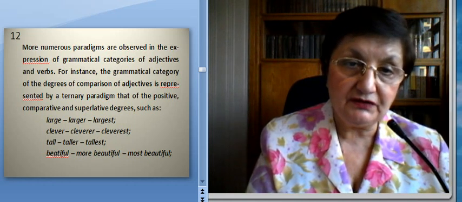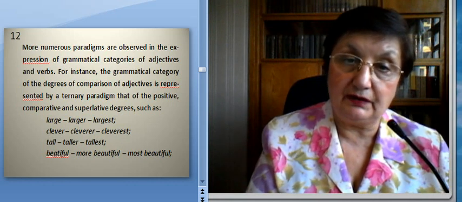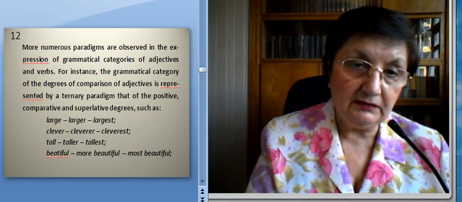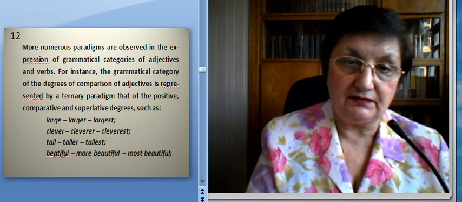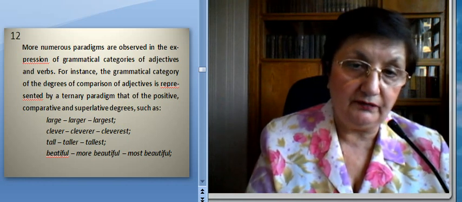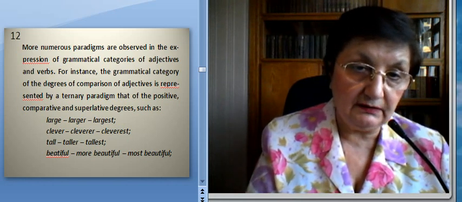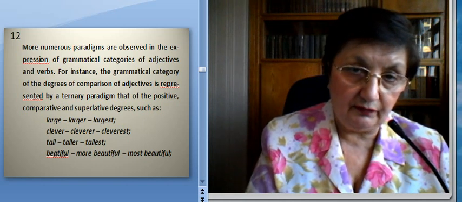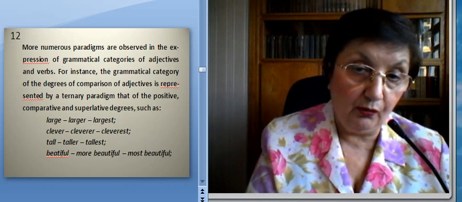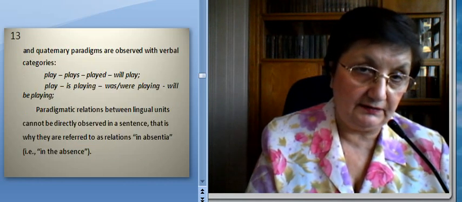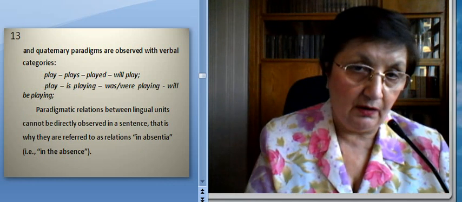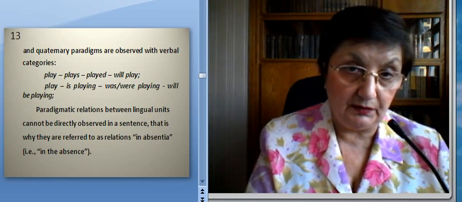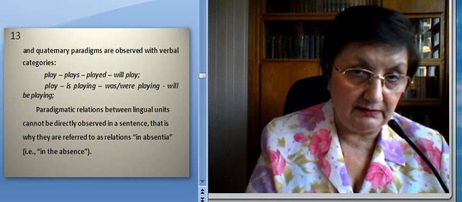For instance, the grammatical category of the degrees of comparison of adjectives is represented by a ternary paradigm, that of the positive, comparative, and superlative degrees, such as large, larger, largest; clever, cleverer, cleverest; tall, taller, tallest; beautiful, more beautiful, most beautiful, etc. And quaternary paradigms are observed with verbal categories like play, plays, played, will play, or play, is playing, was/were playing, will be playing.